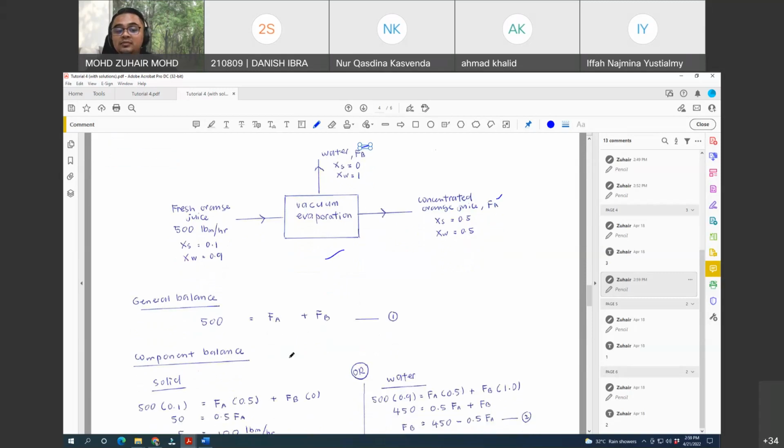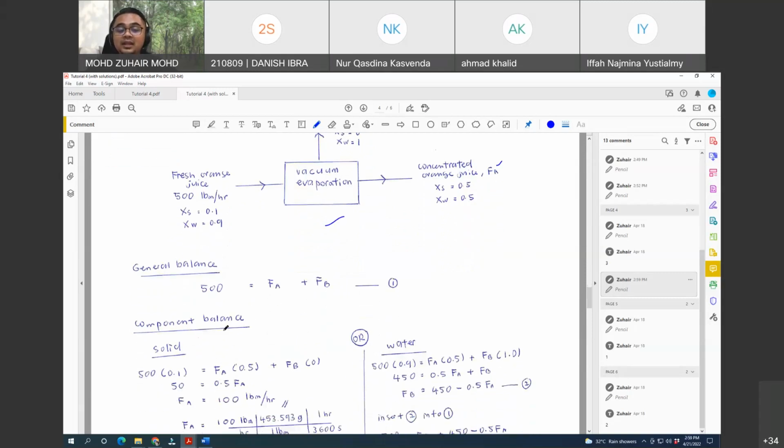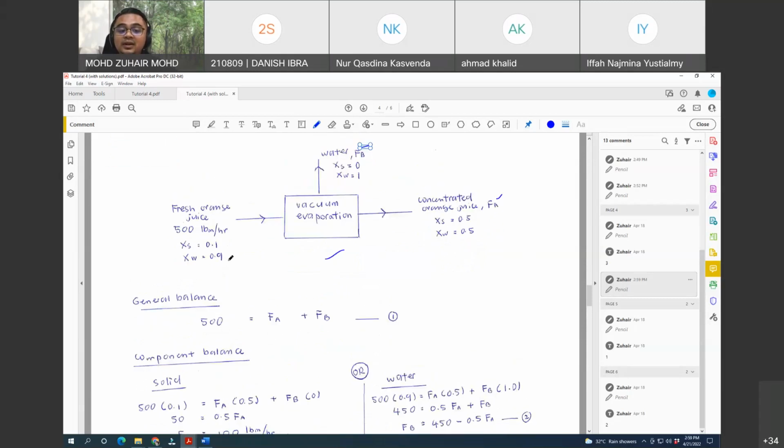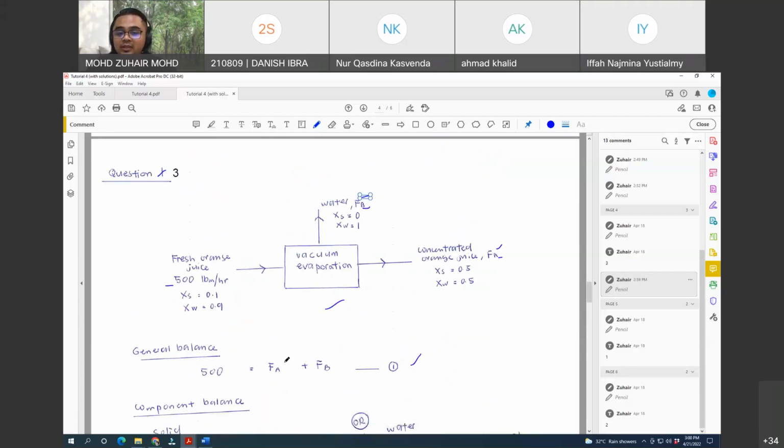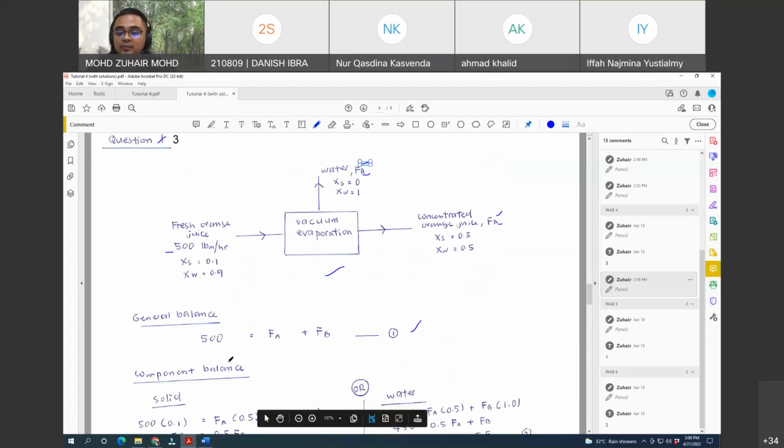Okay, so the degree of freedom analysis for this one says this can be solved. So we start with the general balance first. Similarly to question 2, 500 equals, because this is going out, not going in, FA plus FB. Okay, so this is equation 1. And for this one, we are going to do the component balance.